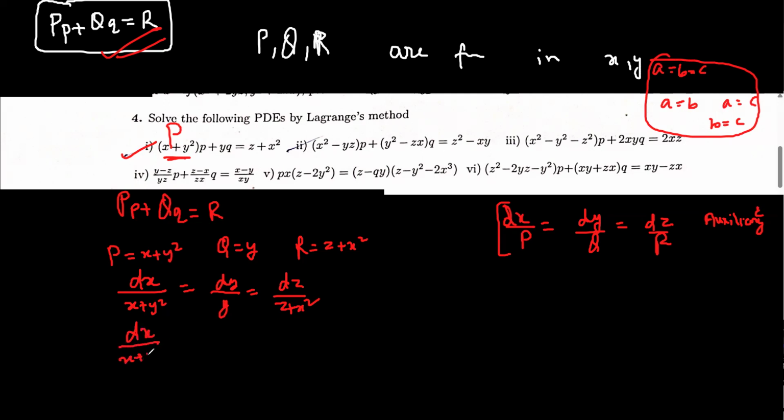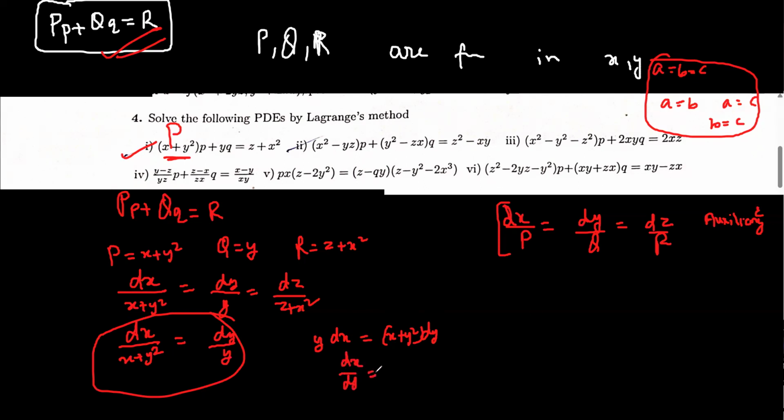Solve the first. dx upon dy is equal to x plus y square upon y, so dx upon dy is equal to x upon y plus y, right?